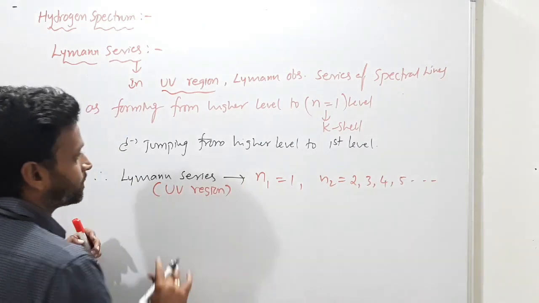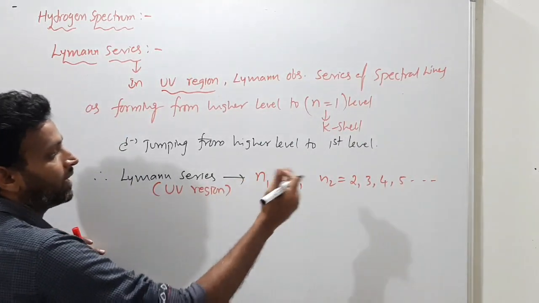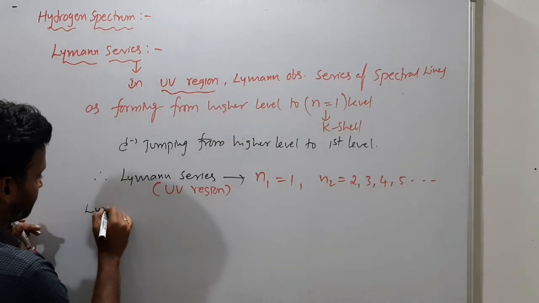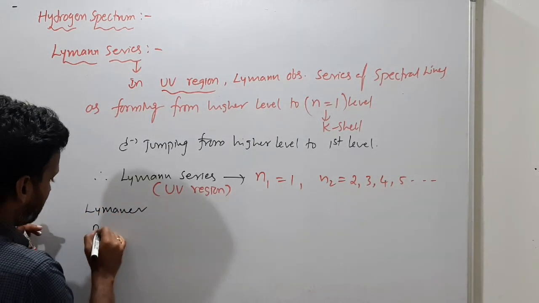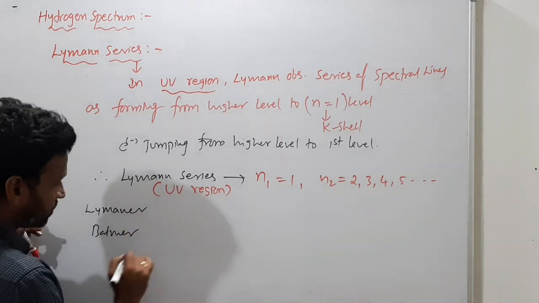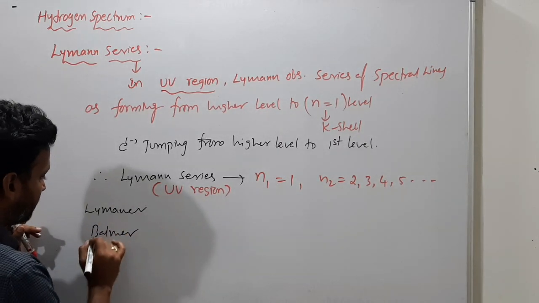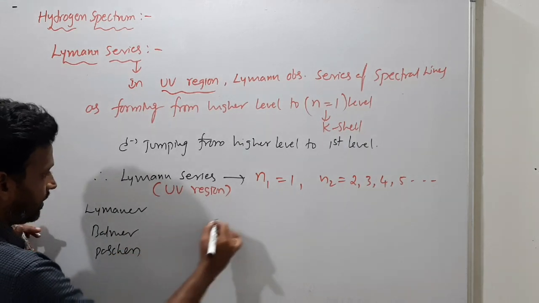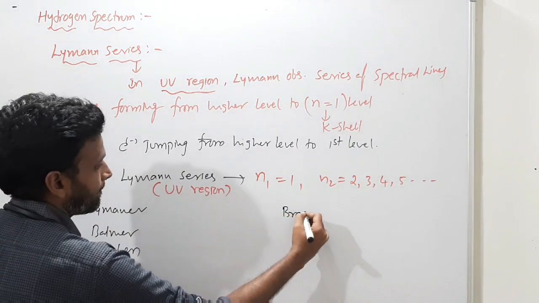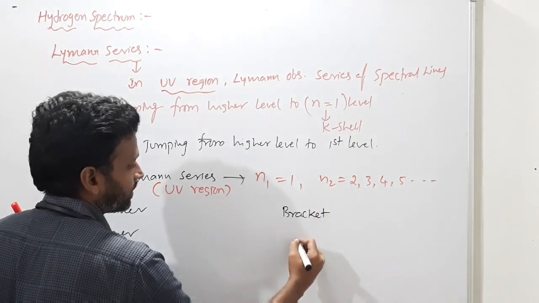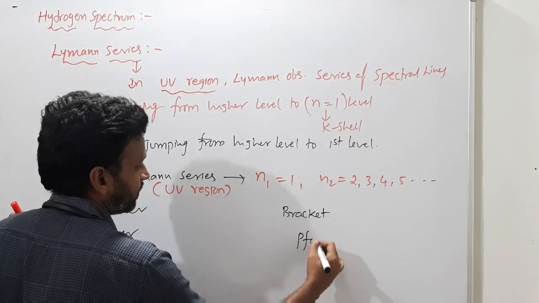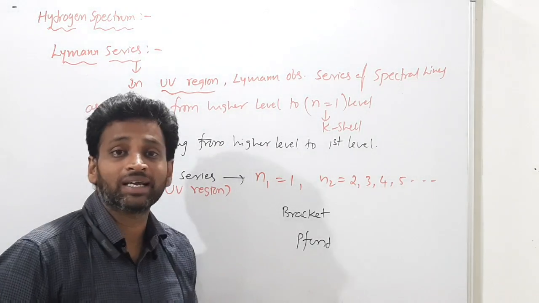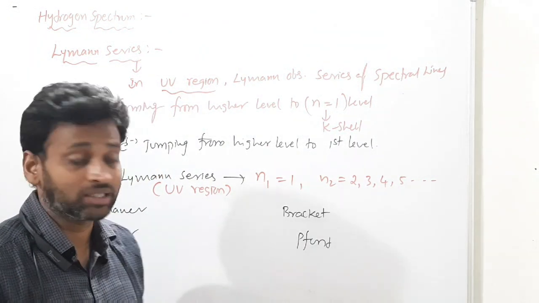So what did Lyman observe? As the electron jumps from a higher level to the first level. So first Lyman, next Balmer. Actually, first observed was Balmer and next Lyman. Balmer, Paschen, Brackett and Pfund. These scientists all observed different spectral line series in different regions.